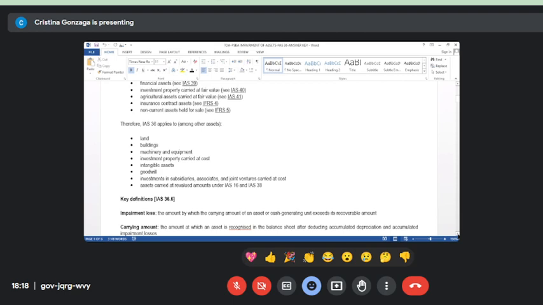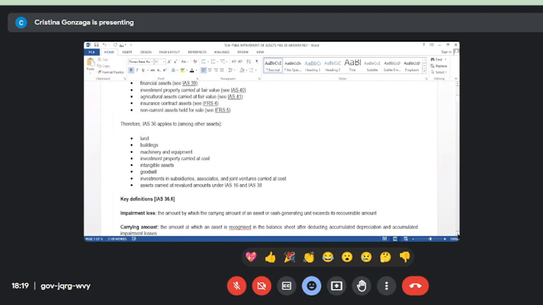on our books at cost using the cost model, right? Okay. PAS 36 is also applicable to what? Intangible assets, because intangible assets are also subject to impairment. Even goodwill, which is an intangible asset, is also subject to impairment.